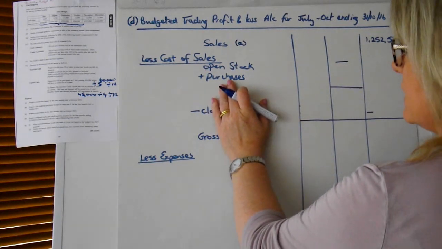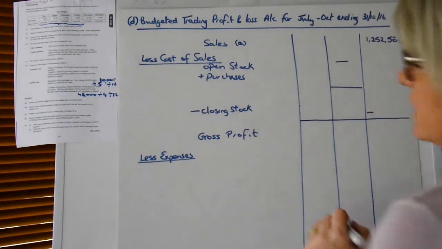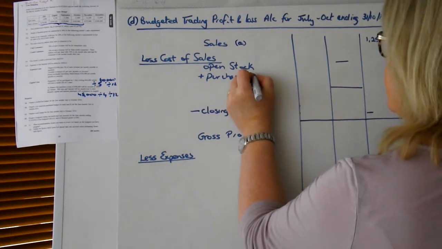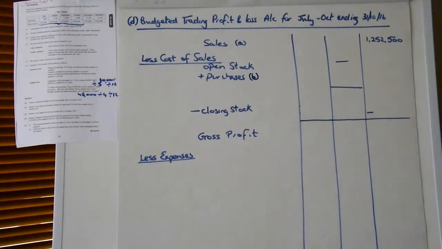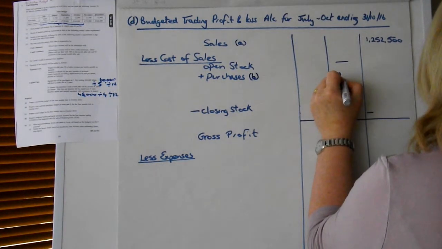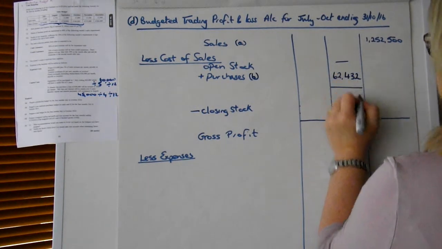So the next piece I need then are my purchases, and to find the value of my purchases you need to go back to part B. So I'm just going to reference that there. So you simply total up the final figures from part B and the raw materials purchases budget, and then you should get from that 621,432.